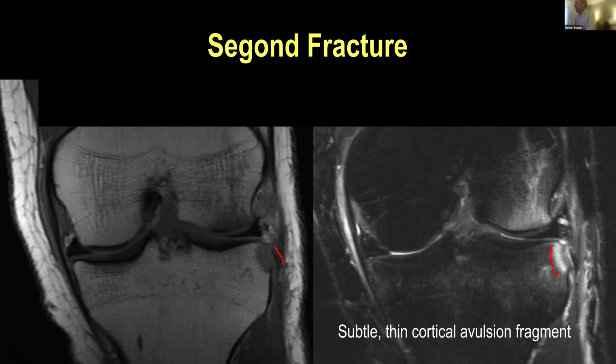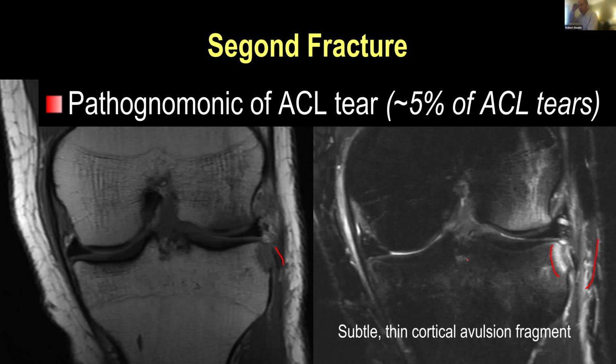Here, this one has some edema in the bone marrow and in the overlying soft tissue, but sometimes these avulsion injuries don't have a ton of edema, so just be aware of that. And of course, they're considered essentially pathognomonic for the patient having an ACL tear, even though it's only a small minority of patients with ACL ruptures that have a Segond fracture.